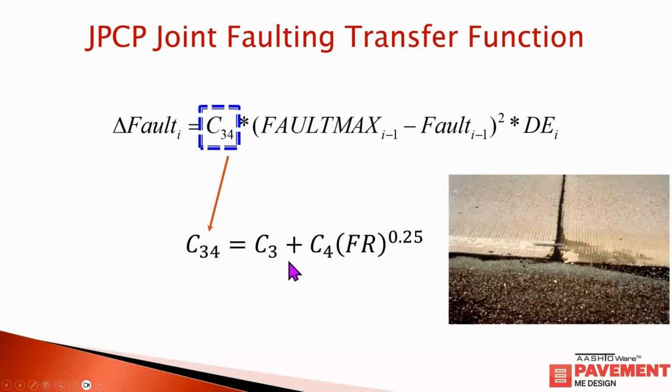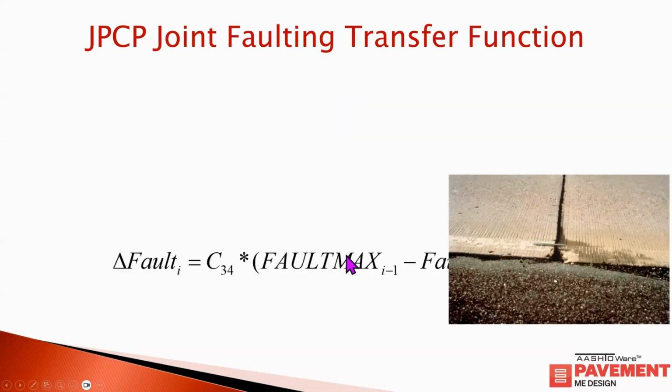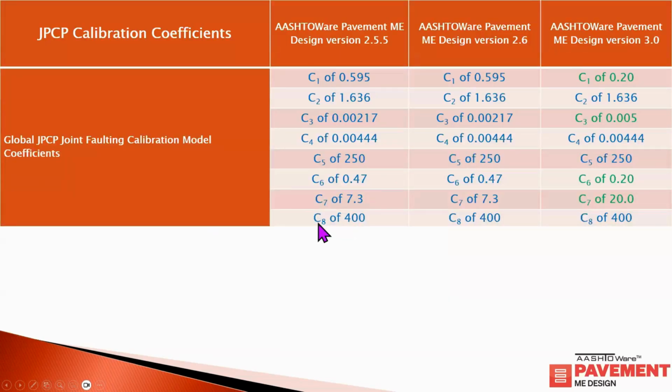There's the measured faulting, which has C34, a composite of C3 and C4 as a function of an environment, something frozen something. Anyway, the point is you have 8 coefficients to look at. And with the global calibration that occurred, 4 of those 8 coefficients were adjusted. The other 4 remained the same from the desktop versions.